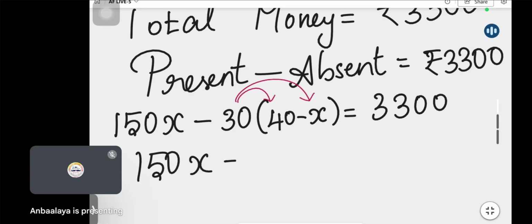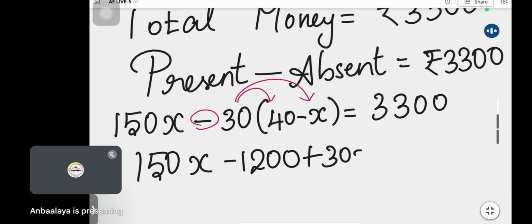We get 150x minus 1,200 plus 30x, because minus 30 times minus x gives plus 30x.